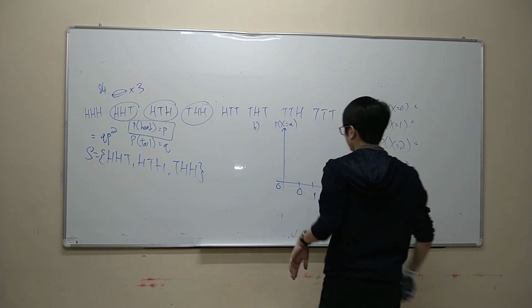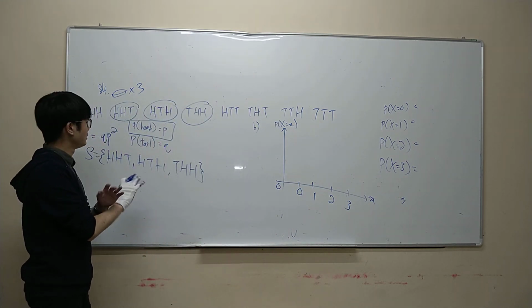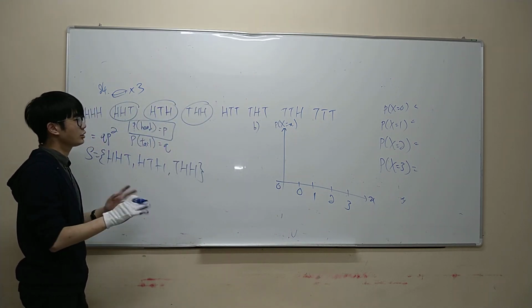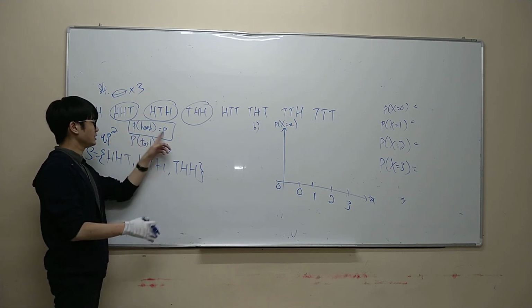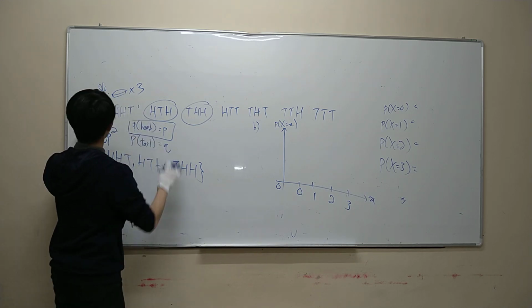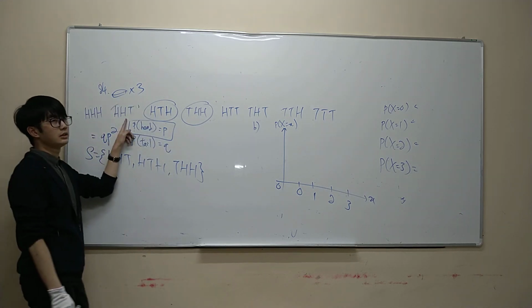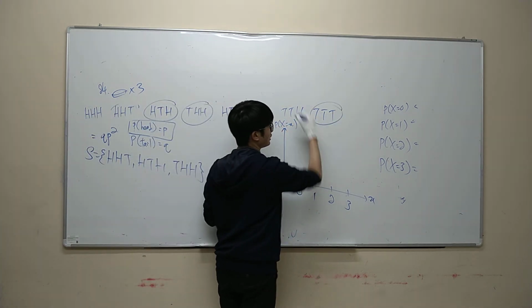So what is P(X = 0)? It means out of the 3 tosses, there is not a single head, not a single success, and success here is getting a head. Which one is it? This one? No. This one? No. Yes, this one. Understand?